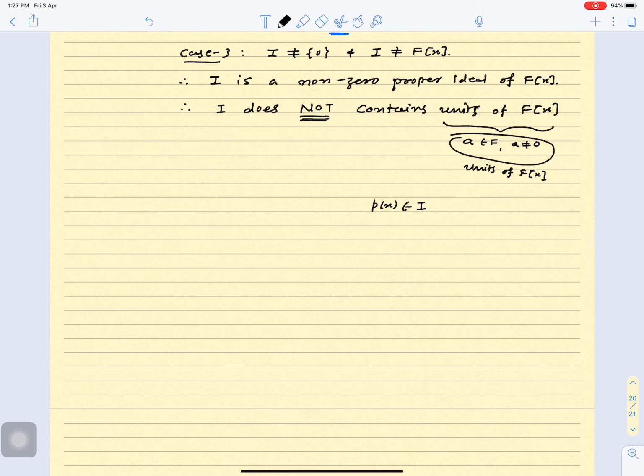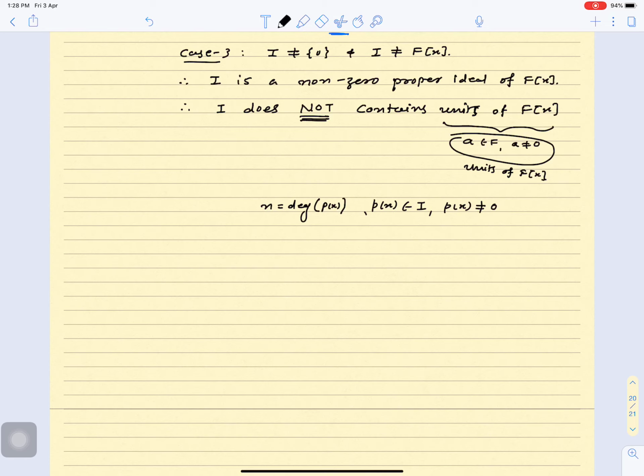So you consider any polynomial in I such that it is a non-zero polynomial. Now you consider n. N is the degree of polynomial p(x). So n is a natural number.